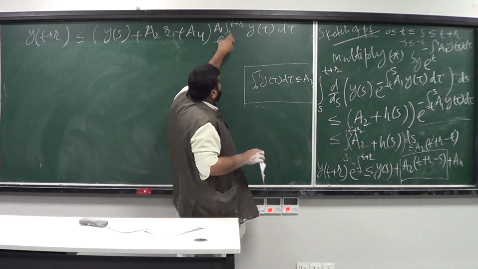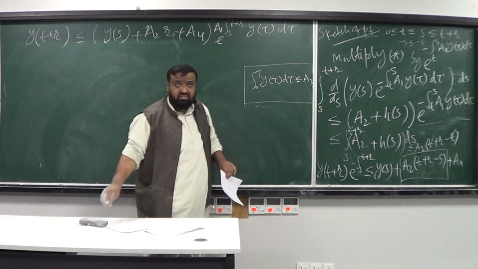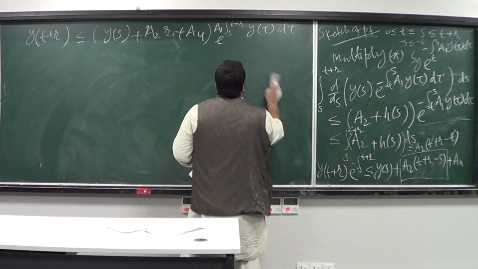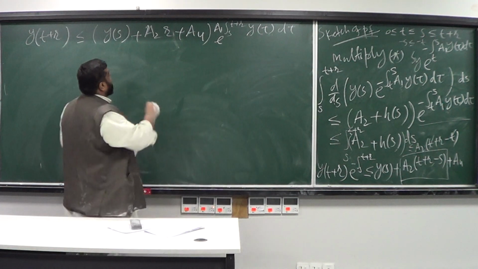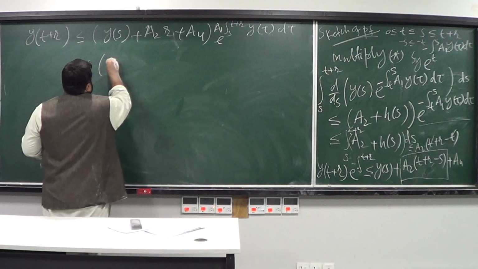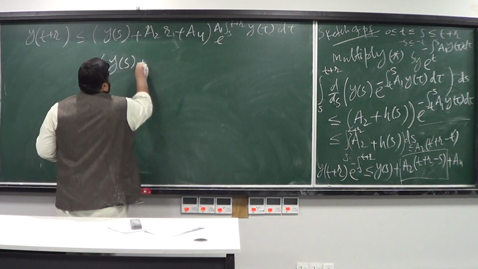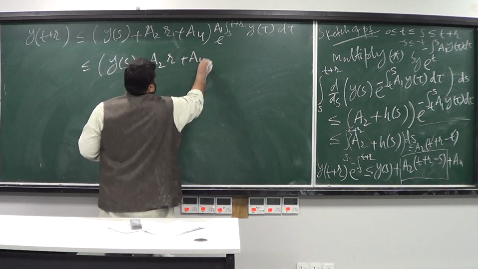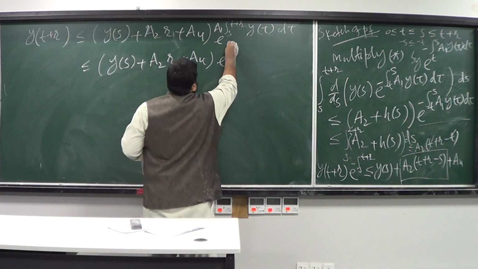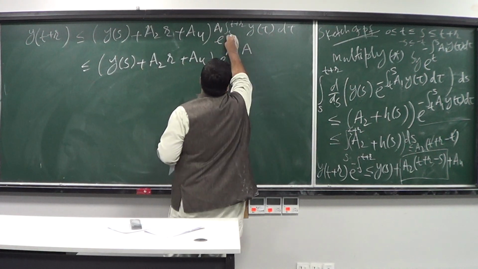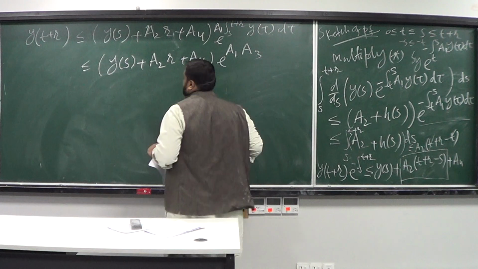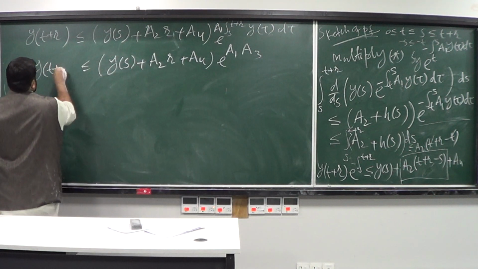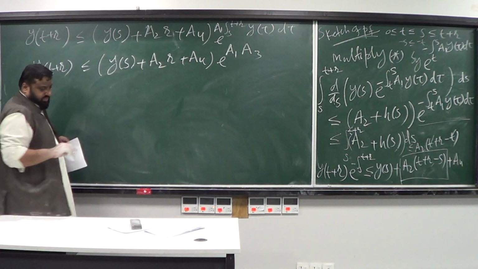Now this is a subinterval of 0 to t, so the same is going to be true for this. So I can say that this is the same as y of s plus a2r plus a4 and e to the a1, and all this can be estimated by a3. So this is really one of the neat inequalities.